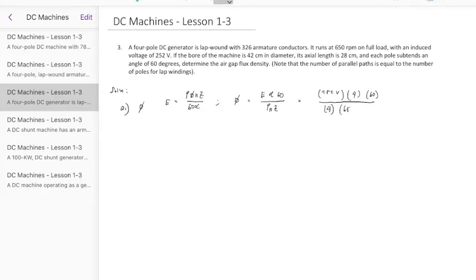Speed is 650 RPM. Then we have 326 conductors. So ang atong flux per pole is 71.35 times 10 to negative 3 or 71.35 milliwebers.